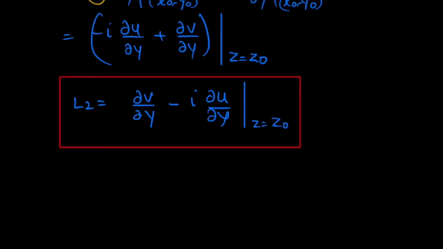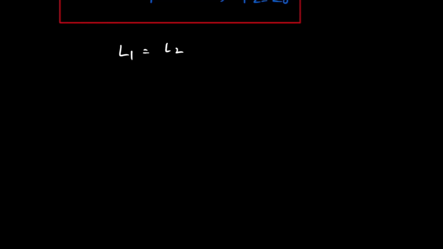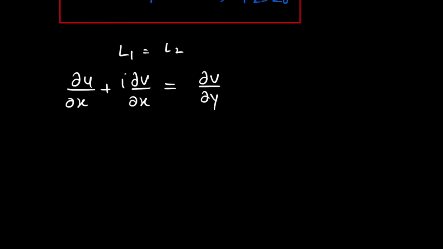Okay, now let's equate L1 and L2. L1 equals L2, and L1 is del u over del x plus iota del v over del x, and this equals del v over del y minus iota del u over del y.